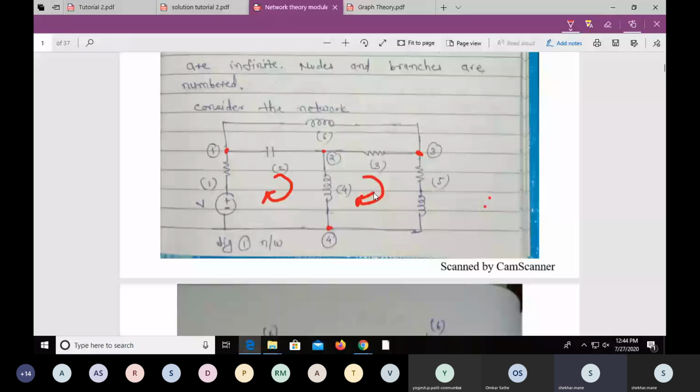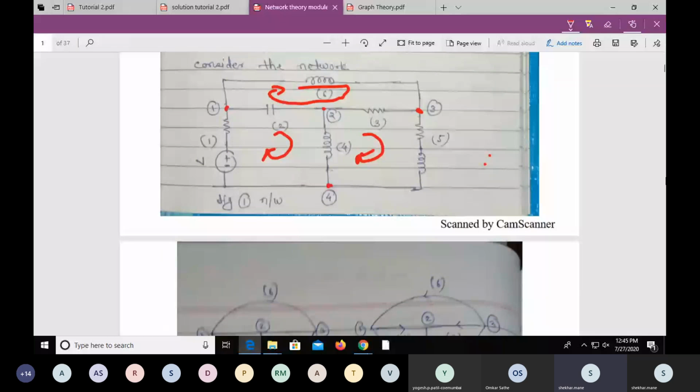So this is a mesh which cannot be divided further. This is also mesh which cannot divide further. Now we have to find a graph of this network.